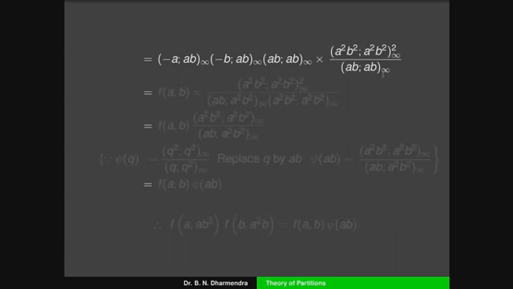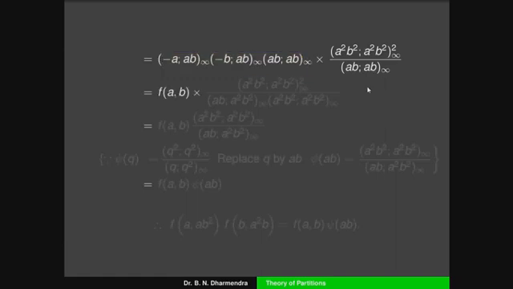It can be rewritten, the first one in terms of the theta function definition, and the denominator can be written as a square b square infinity into a square b square infinity, because a q infinity can be written with the odd term a q square infinity and the even term q square a square q square infinity. Here also we collect the odd and even parts, so it can be rewritten like this.